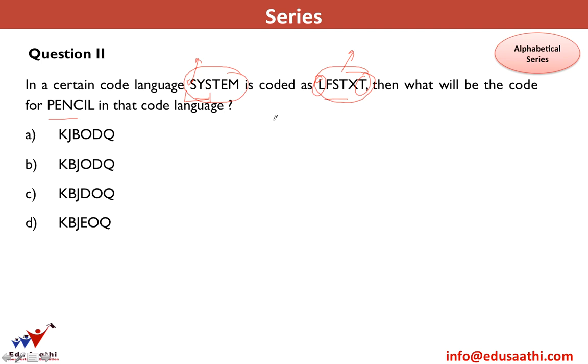So if I take the first and first, it means that S corresponds to L. If I take the second case, then S will correspond to T. Now S and T are relatively closer in the alphabetical series, so just by intuition, I will go with this logic first and leave this logic for later. So S has been replaced by T. I am assuming this. Then let's look at the second letter here.